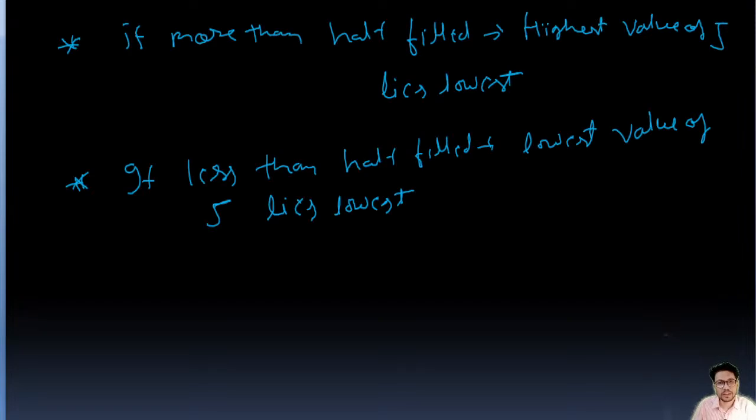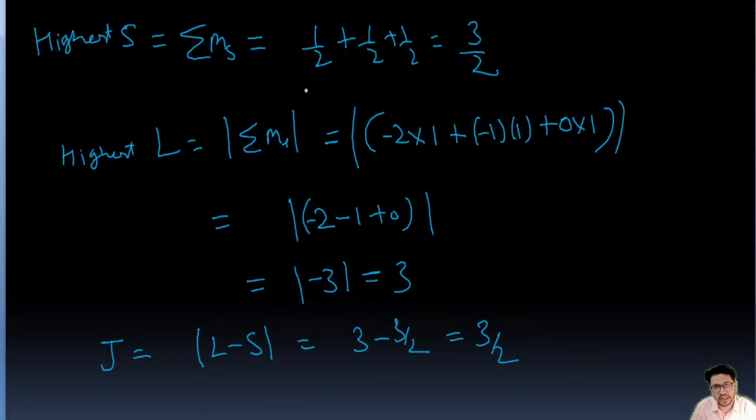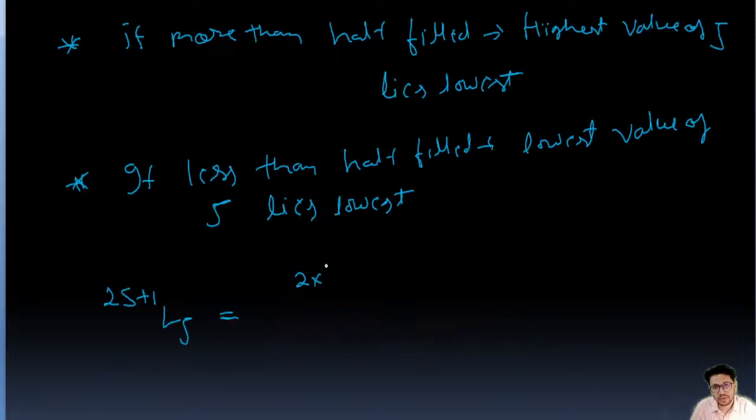Okay, so the spectral term is going to be, we know the spectral term is 2S plus 1, L, J, right? So 2S plus 1 means 2 into the S value. The S value is this highest S, that's 3 by 2, so 3 by 2 plus 1.